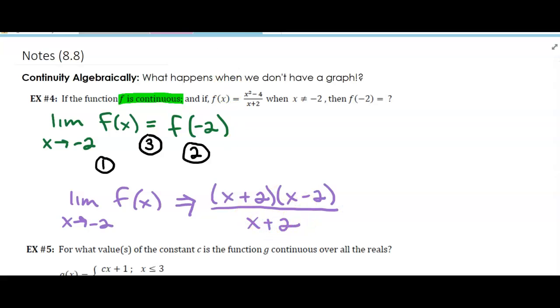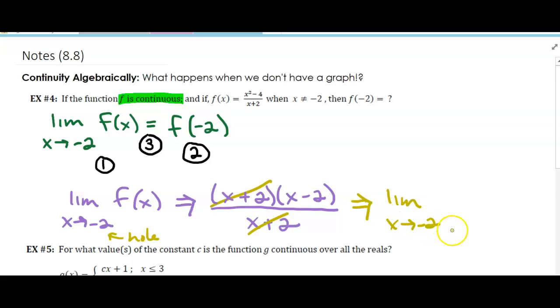And what do I notice is happening? We have a factor in our numerator canceling with a factor in our denominator. The reason something weird was happening when we tried direct substitution was because we're evaluating the limit at a hole, which means that we can now go back to direct substitution.